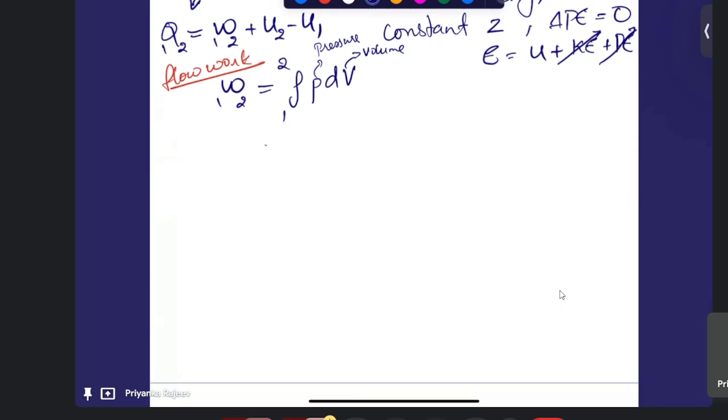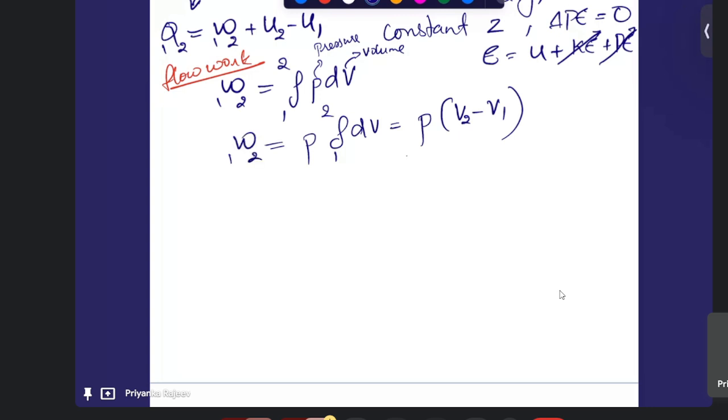Now this P is constant, so we can take it outside the integral. So this becomes P times the integral of dV, equal to P(V2 minus V1). So flow work W12 we found.